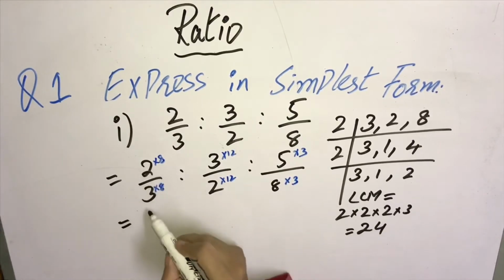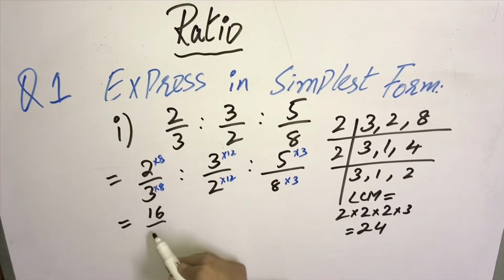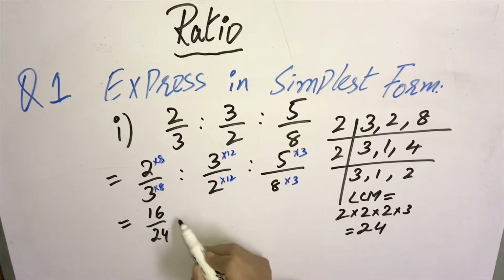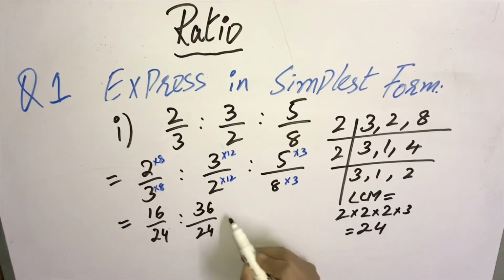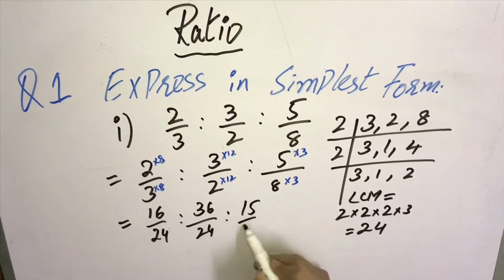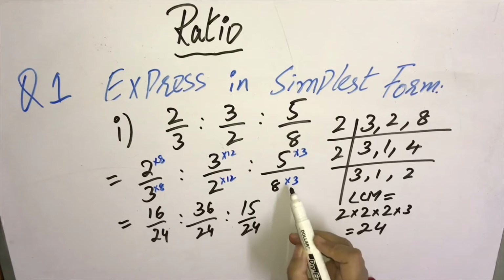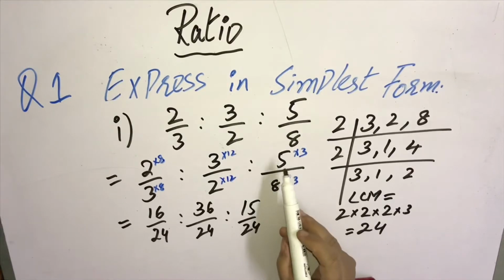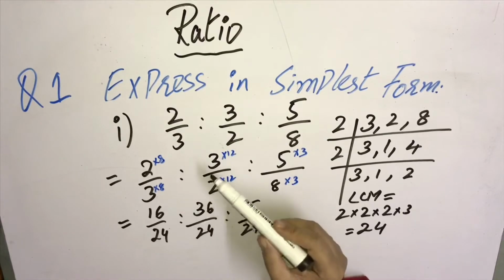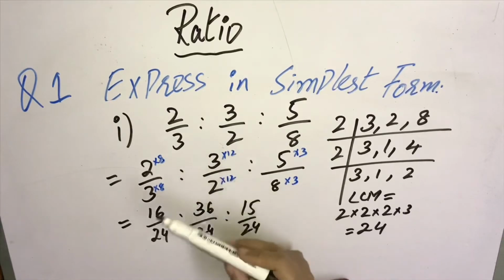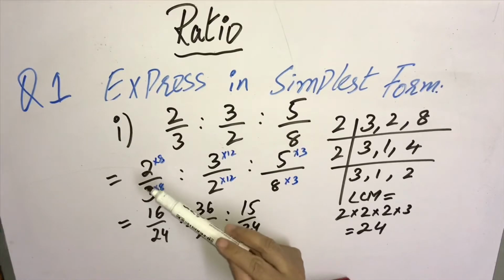Now I have 16 over 24 ratio 36 over 24 ratio 15 over 24. When I multiply this denominator with 3, I have to multiply this 5 also with 3. When I multiply this 2 with 12, I have to multiply this 3 with 12. And when I multiply this 3 with 8 to make it 24, I have to multiply this 2 with 8.